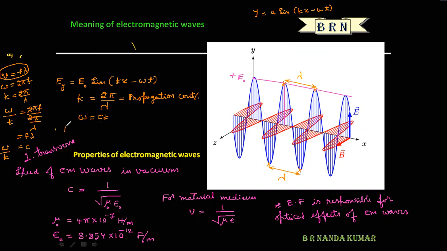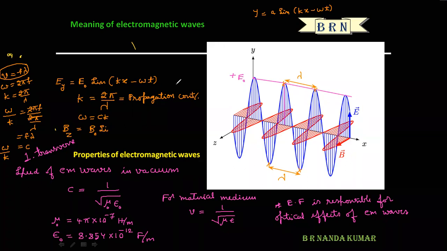And the mathematical expression for the magnetic field, which varies along which axis? The magnetic field varies along the z axis. So Bz is equal to B naught. B naught is the amplitude of the magnetic field, the maximum value of the magnetic field during one complete cycle.